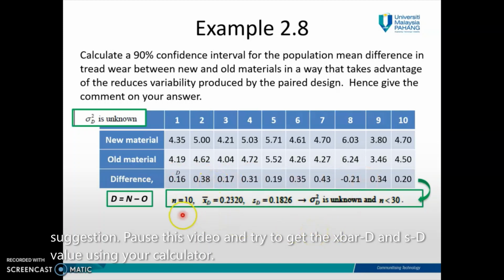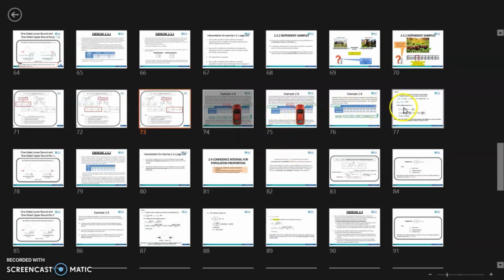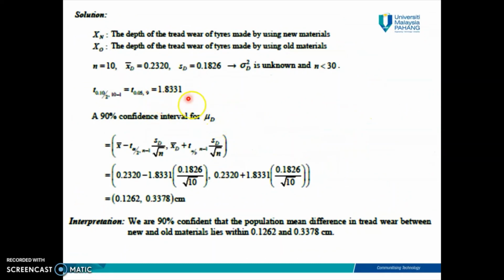Okay class, so now that you have X bar D, you already have SD, and then the confidence level here is 90%. So alpha is 0.1, am I right? Okay, so according to the question, the critical value is T alpha over 2, nu. So go and find this from your table and you should be able to answer the question already.